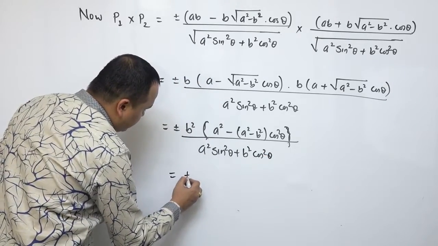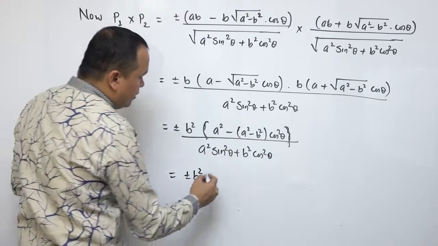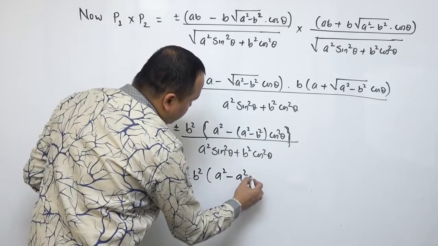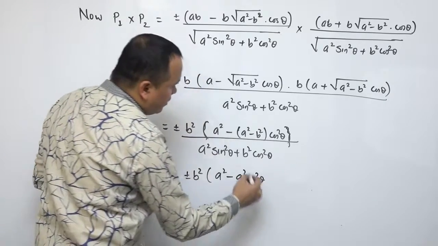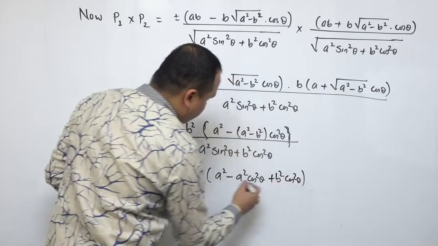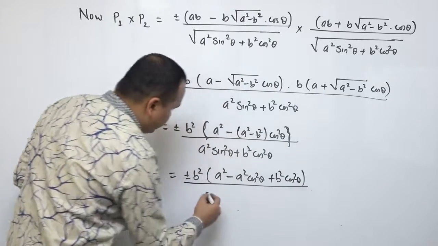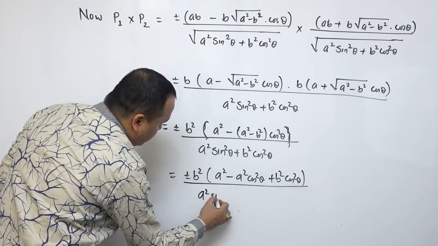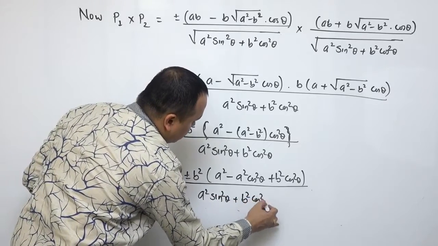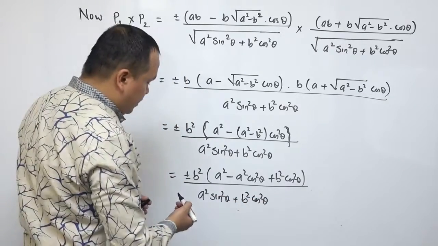And this is plus minus B square, A square minus A square cos square theta plus B square cos square theta upon A square sin square theta plus B square cos square theta.